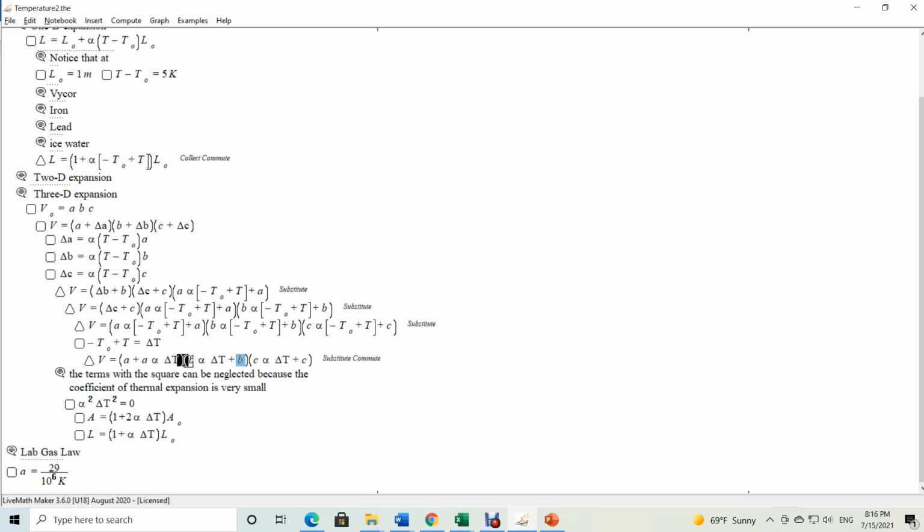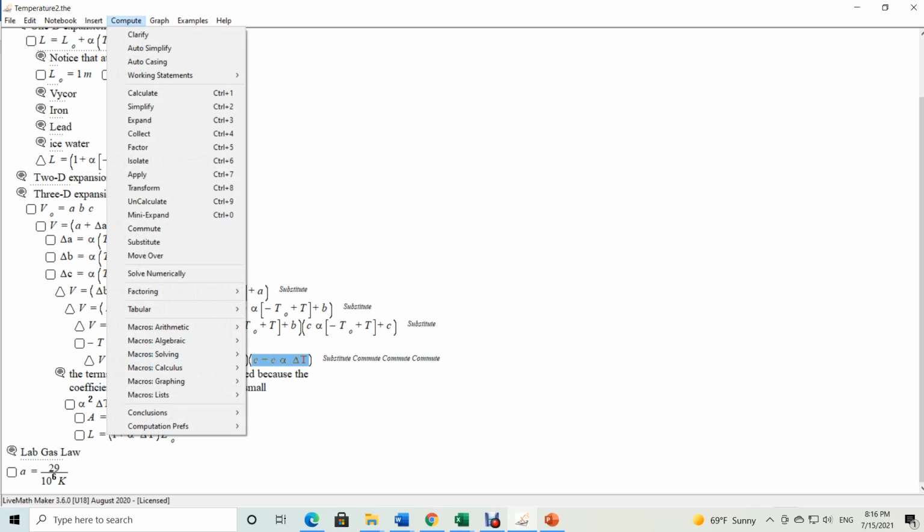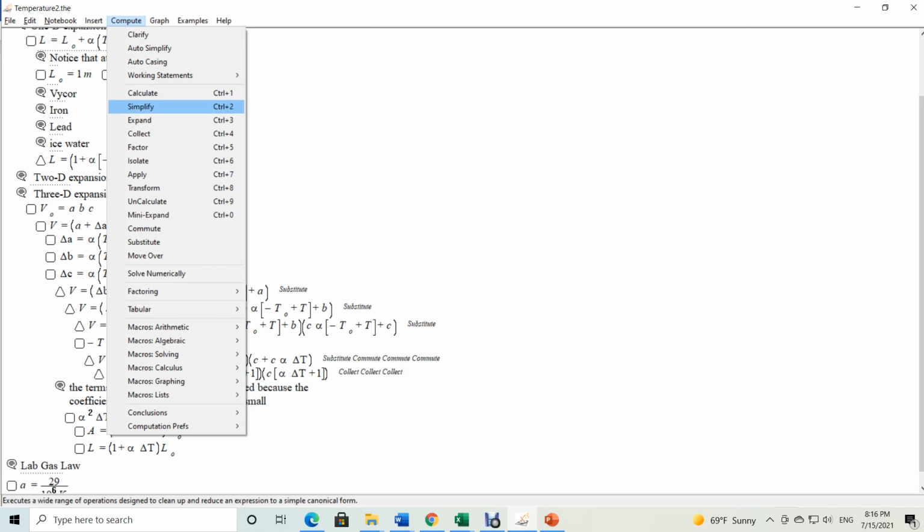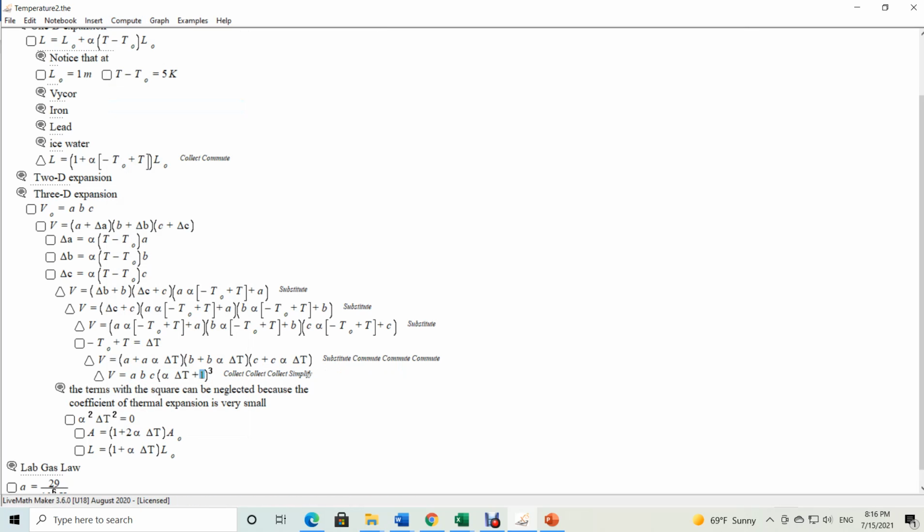We are going to rearrange this equation. We have the terms without the delta T as the first one, right? I can collect them and simplify. ABC, okay, here you go. This term ABC is V naught.